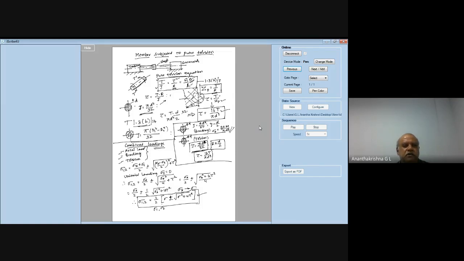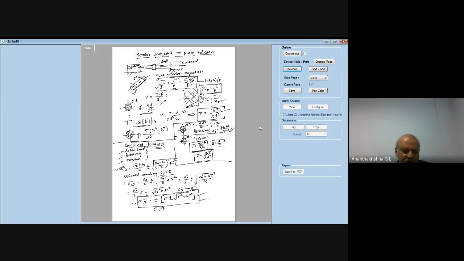For combined loadings, the principal stress equation is given by sigma 1, 2 equal to sigma x plus sigma y by 2 plus or minus root of sigma x minus sigma y by 2 whole square plus tau square, and then continue till the end.